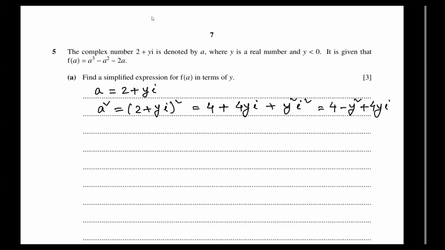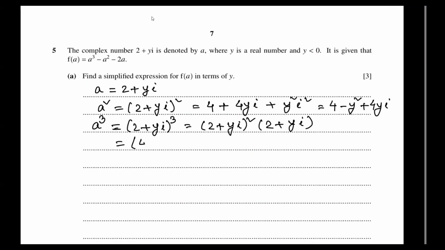Okay. Then what about a cube? a cube is (2 plus yi) whole cube, and you can write it as (2 plus yi) whole square times (2 plus yi), so that (2 plus yi) whole square is 4 minus y square plus 4yi, times 2 plus yi.